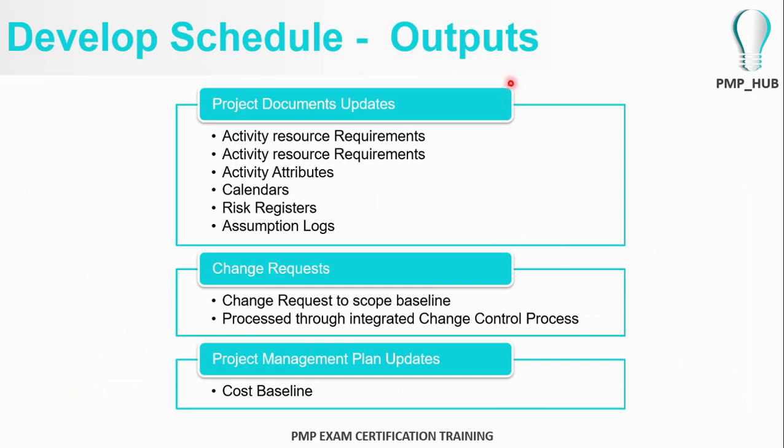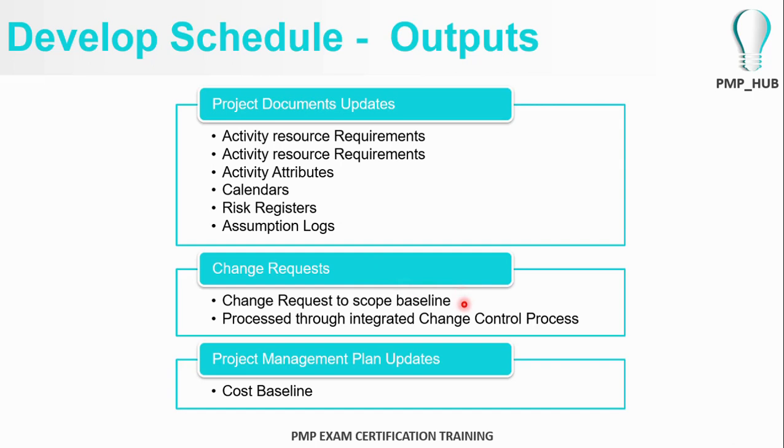Some of the other outputs would be documentation updates. By developing a project schedule, you might be able to update your resource requirements, other activity attributes, and your risk registers. Since you are shuffling your activities, sometimes it might result in a change in the scope baseline.